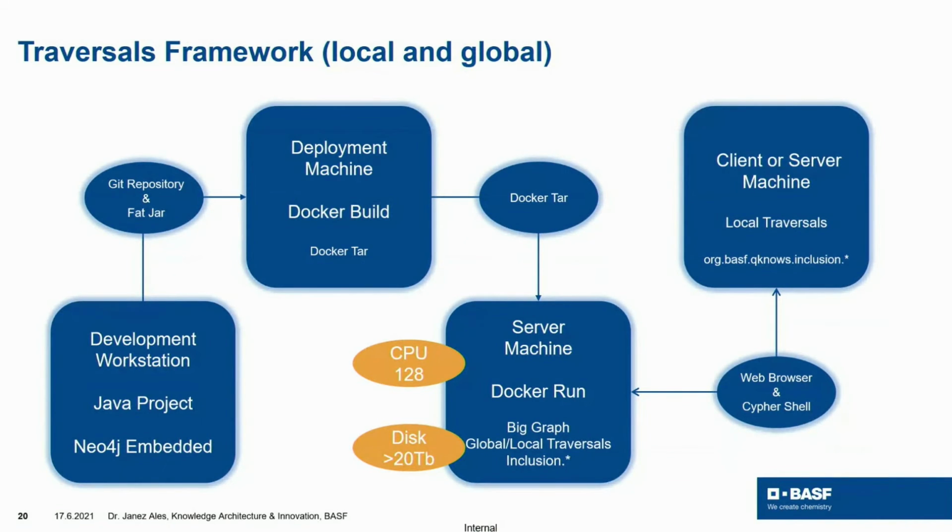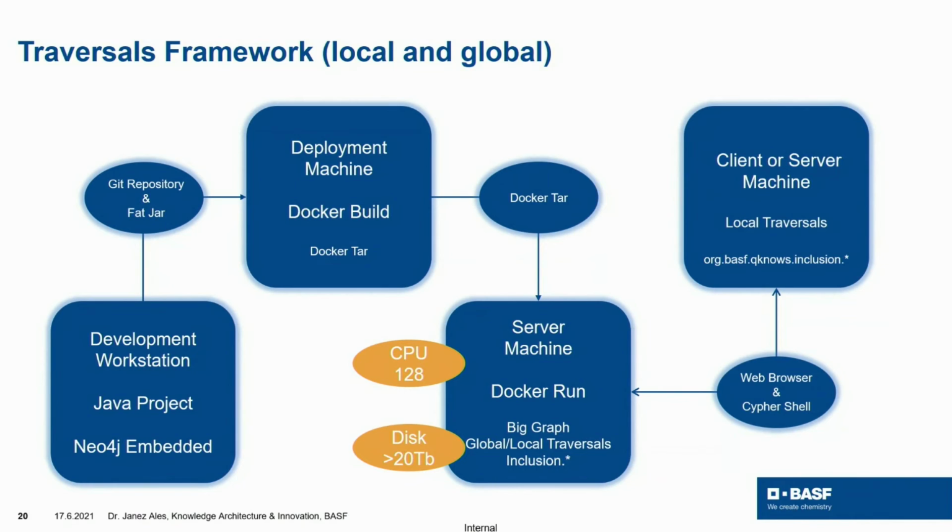And this runs on a 128 CPU machine with 2 terabytes of RAM, and the disk needs about 20 terabytes to be able to run one pipeline. Definitely with a 32, I can't squeeze 2 pipelines in, one operational, one in development. So then my traversals can be triggered via a Cypher shell or a web browser or however you want to access my server.